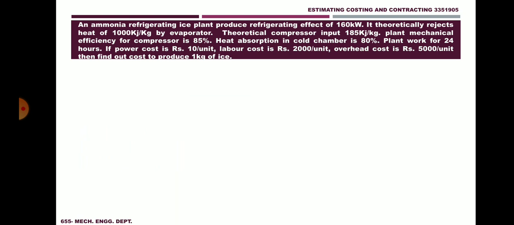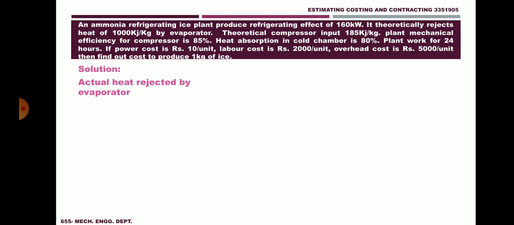Heat absorption in the cold chamber is 80%. The plant works for 24 hours. If power cost is rupees 10 per unit, labor cost is rupees 2000 per unit, and overhead cost is rupees 5000 per unit, then find out the cost to produce 1 kg of ice.